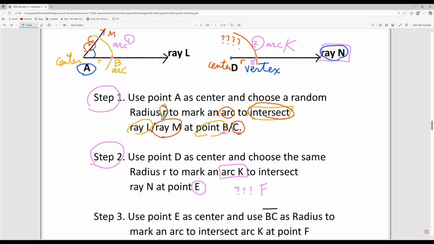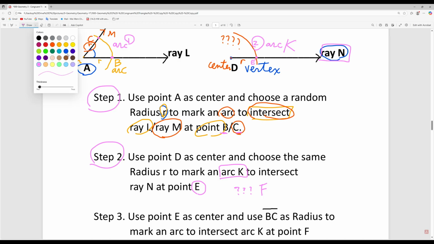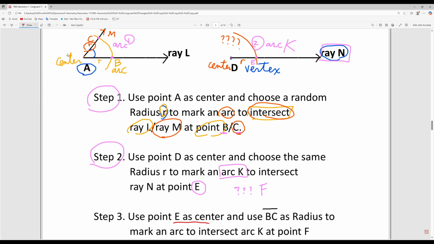Okay. Now, next, step 3. Let me change a color. How about red? Okay. So, step 3, use E as a center. And you try to draw an arc, right?